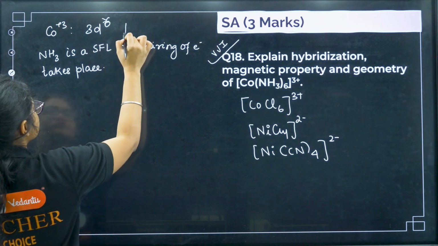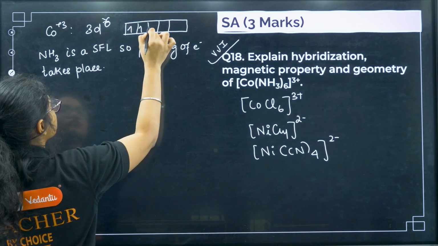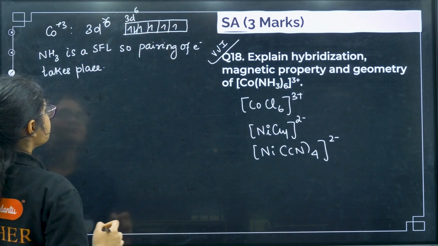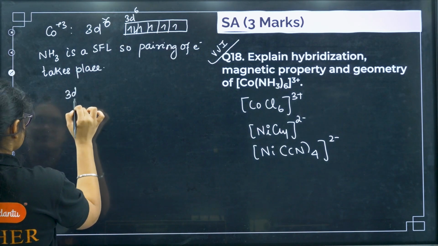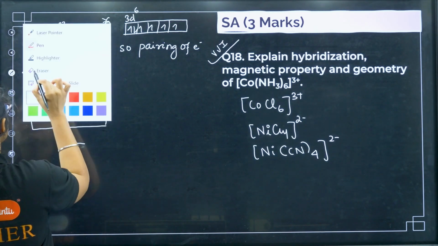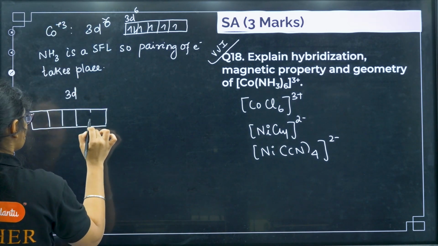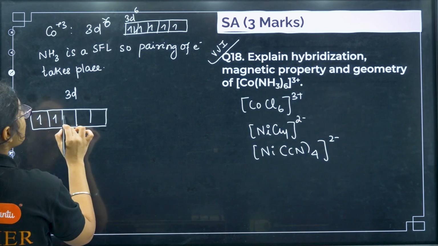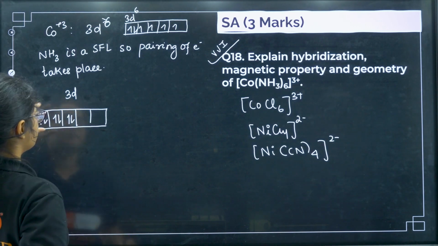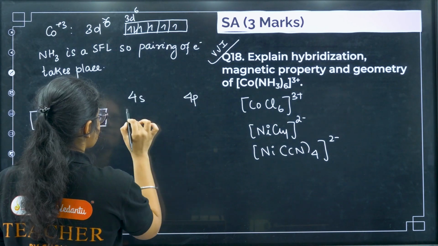Let me also draw this one and show. 1, 2, 3, 4, 5 and 6, so 3d6, right? So when pairing of electrons takes place, we have a total of 6 electrons, and this one will be there: 3d, 4s and 4p.